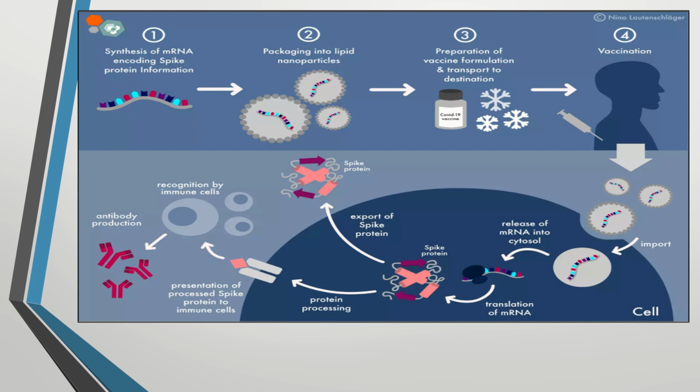Then, when it reaches the cell, it is encapsulated and that lipid layer is removed. Then the messenger RNA moves into the cytoplasm and reaches the ribosome, where we have translation of that messenger RNA. It produces a foreign protein, here called the spike protein or the viral protein.